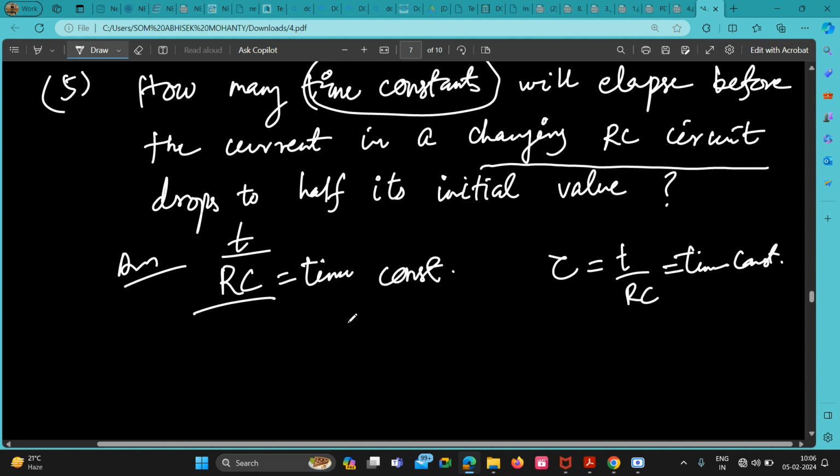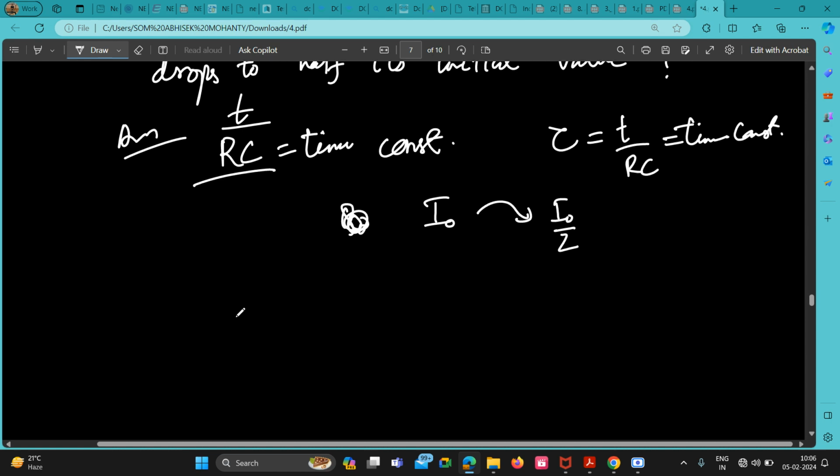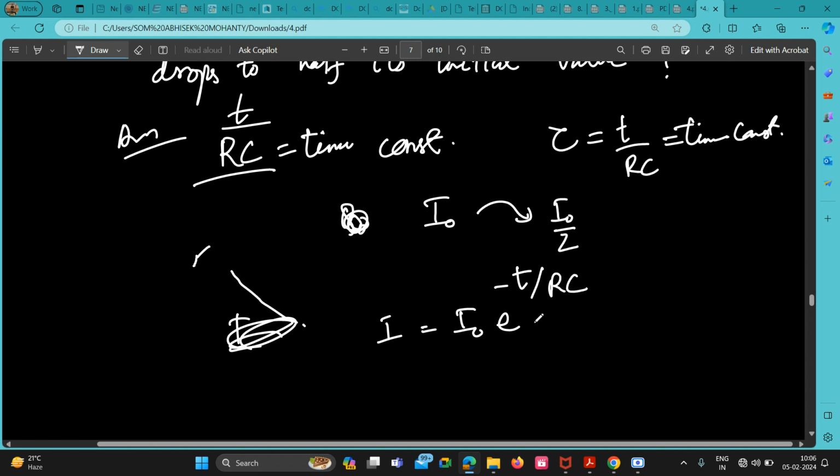That means the initial current is suppose I naught. So I naught will drop to I naught by 2. So if I write the equation, I is equal to I naught e to the power minus T by RC. So I naught by 2 is equal to I naught e to the power minus T by RC.